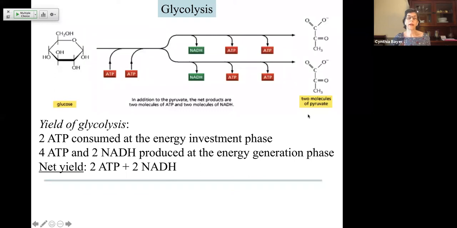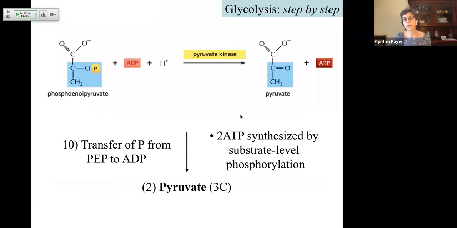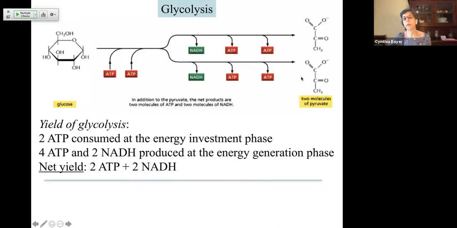So a cell that is undergoing aerobic respiration will use our pyruvate. Our pyruvate will be fed into another round of enzymatically catalyzed reactions in order to remove pyruvate and further oxidize all those carbons.